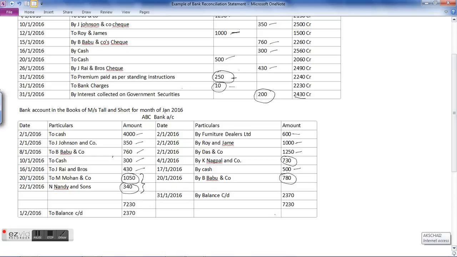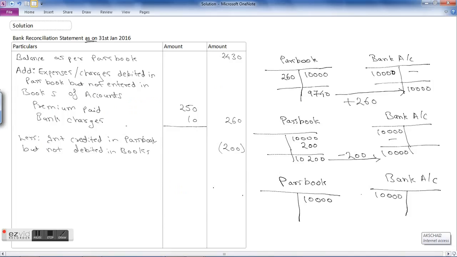So they are debited to our bank account: 1050 and, what is the next amount, 340, correct, but in the passbook there are no entries. So what is the balance as per passbook? 10,000. Now what is the balance as per our bank account?